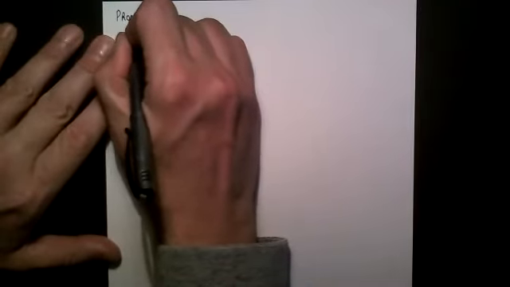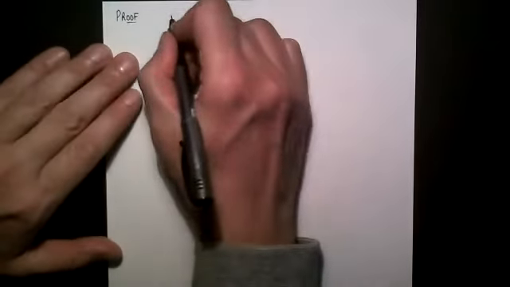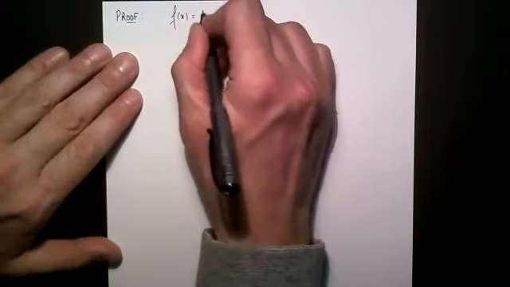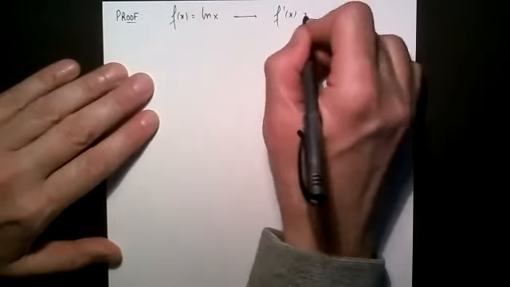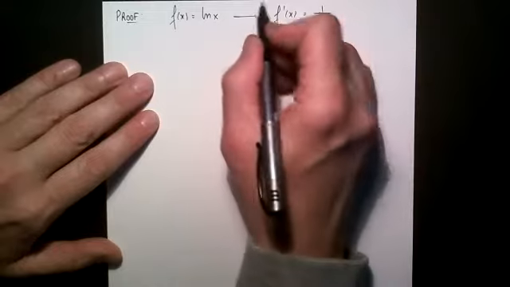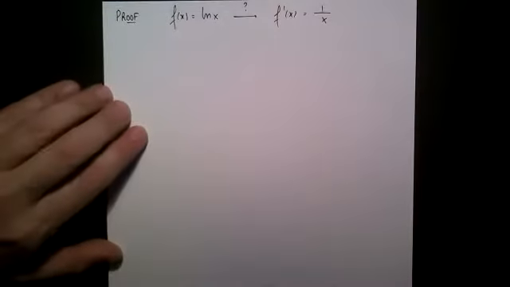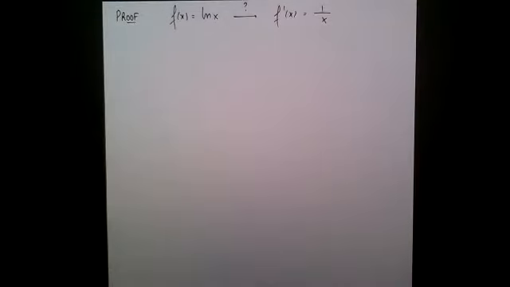Proof that if f of x is equal to ln x, then f prime of x is equal to 1 over x. That's what I'm trying to show. Any questions until here before I start proving it?